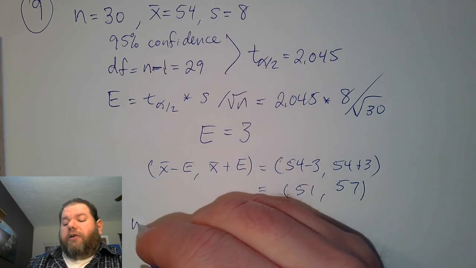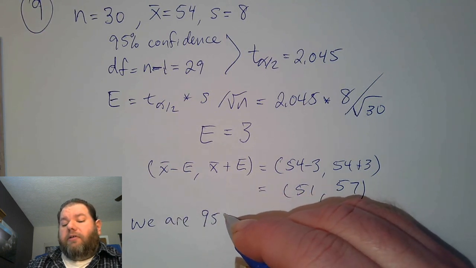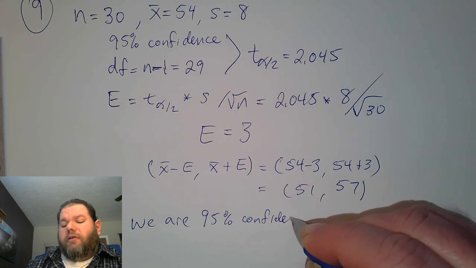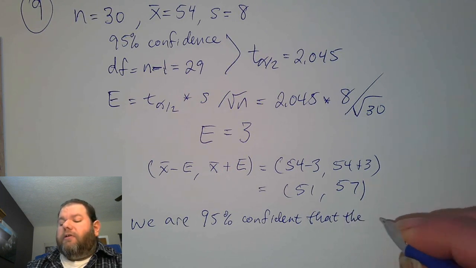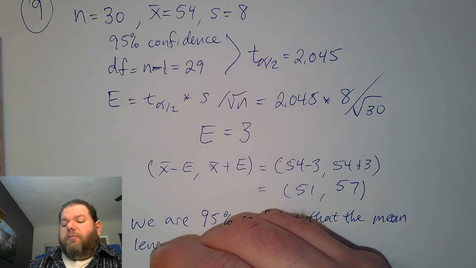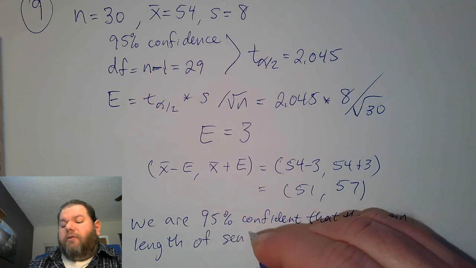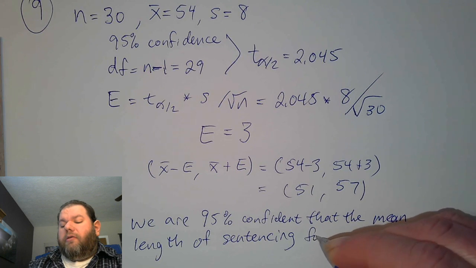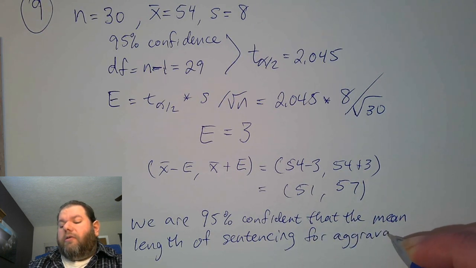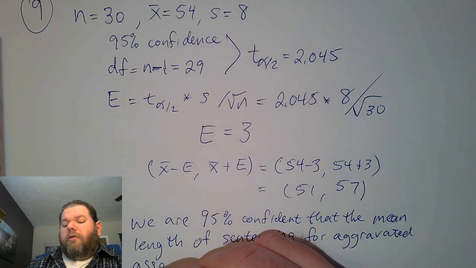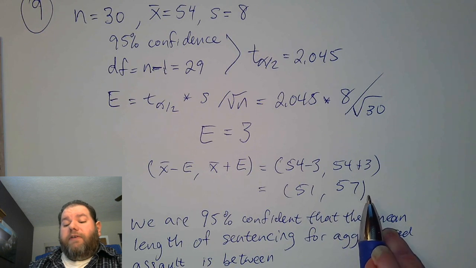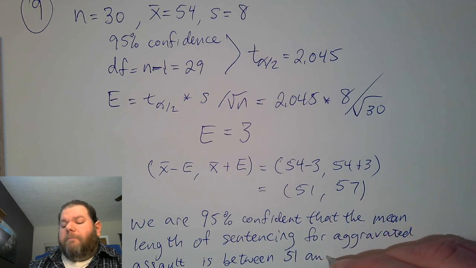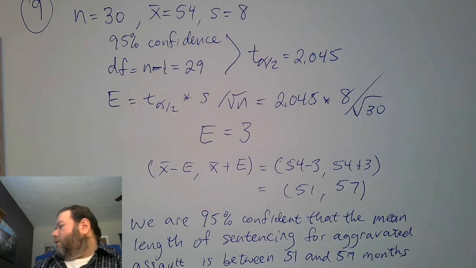So again, we are 95% confident that the mean length of sentencing for aggravated assault is between 51 and 57 months. There we go.